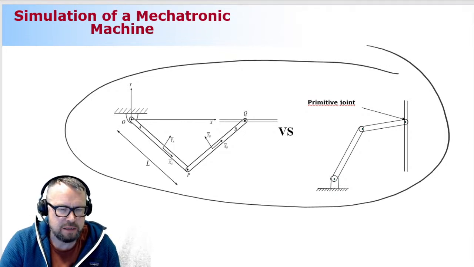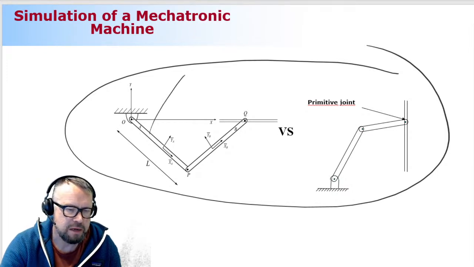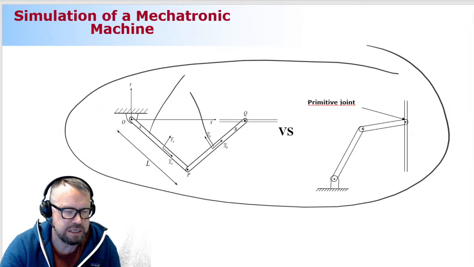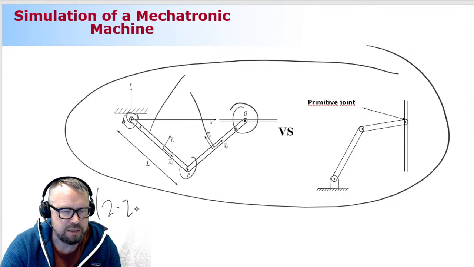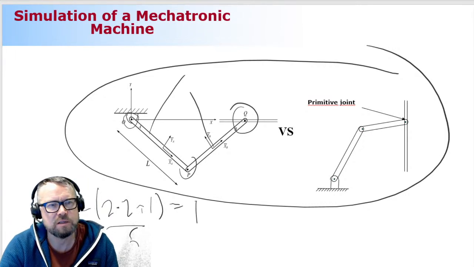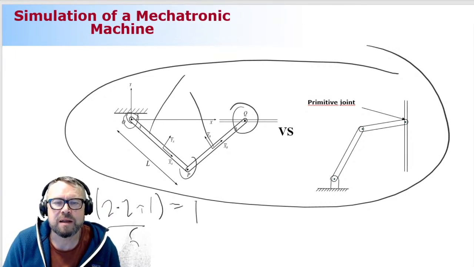Okay, so now let's start by computing how many moving bodies we have. We have 2 moving bodies, so that's 6 generalized coordinates. Then there's one revolute joint here, another revolute joint here, so that's 2 multiplied by 2, that's 4, and then there's a prismatic joint here, plus 1. So that's 5 constraint equations, that's 1 degree of freedom. So it's a 1 degree of freedom system.